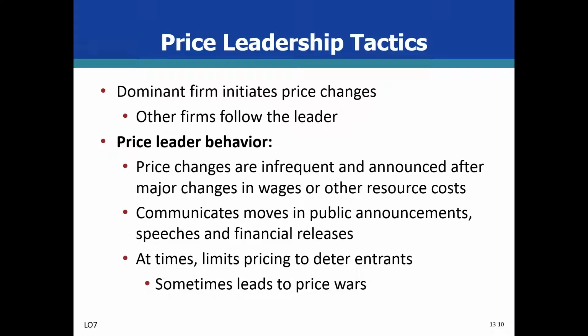However, most price wars eventually run their course. After a period of low or negative profits, they again increase prices and other firms follow. So this is one way that oligopolies can maintain this type of strategic behavior.